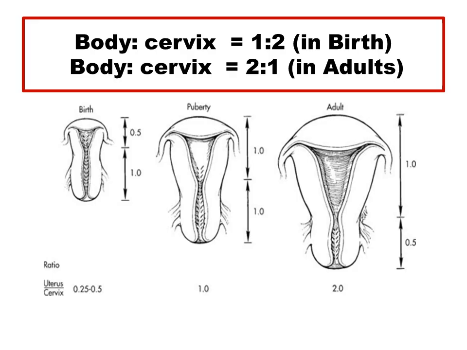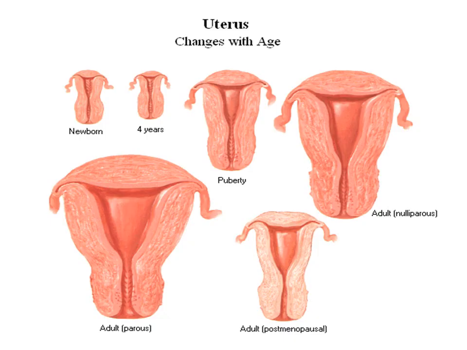Now coming to the ratio of the body to the cervix. Body to the cervix is 1:2 at the time of birth. In adults, body to cervix is 2:1. At the time of puberty, it is almost equal, body to cervix is 1:1.